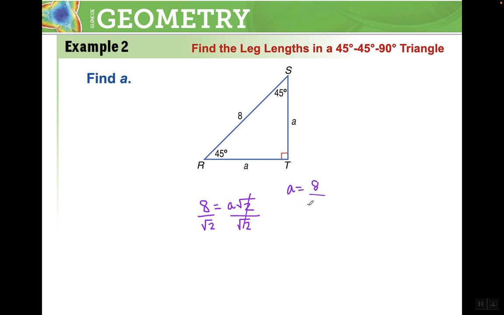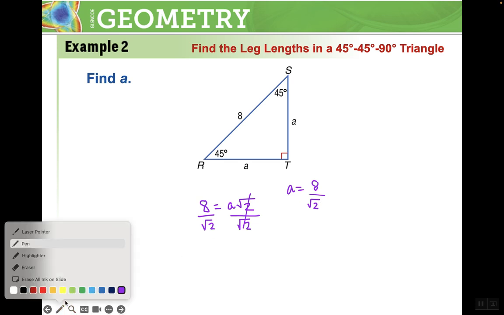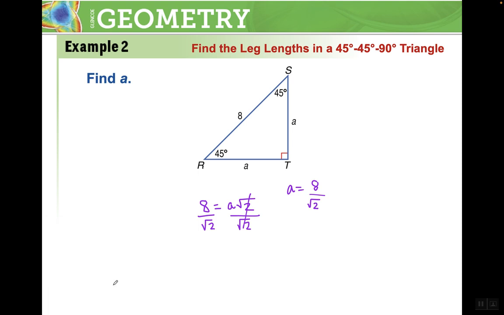However, we cannot have a radical in the denominator. So we're going to have to rationalize the denominator. Hopefully you remember what that's called and how to do it. You just multiply top and bottom by that square root 2. This gets rid of the radical in the denominator, because square root 2 times square root 2 is just 2.